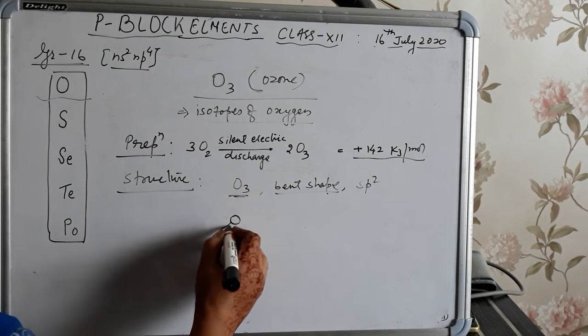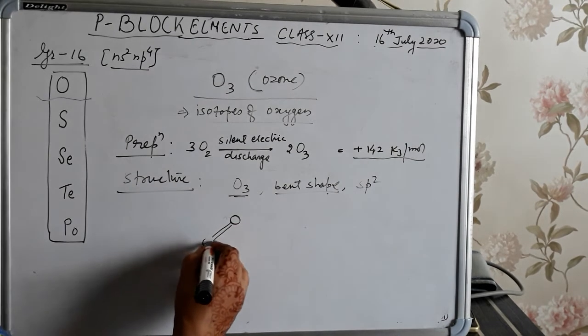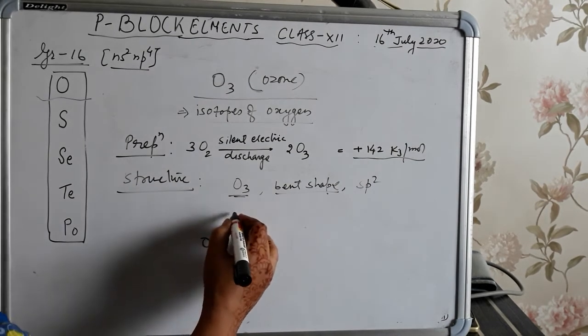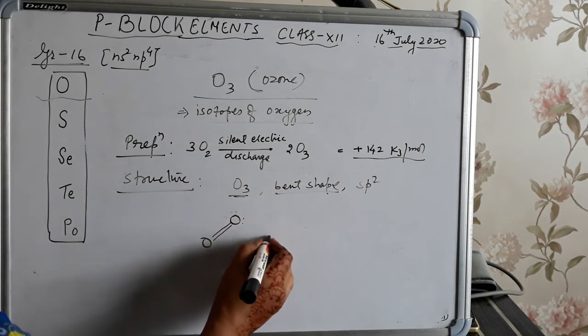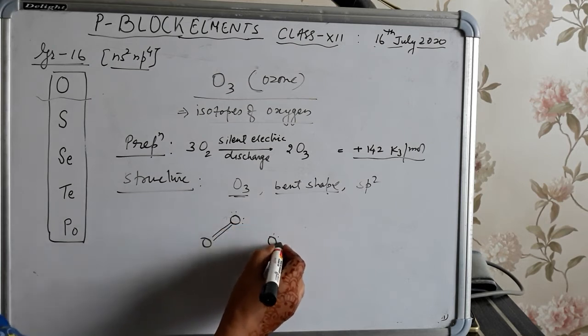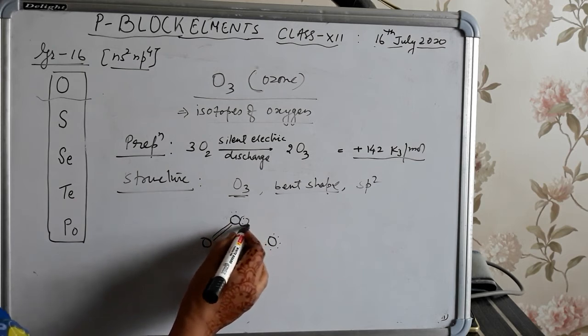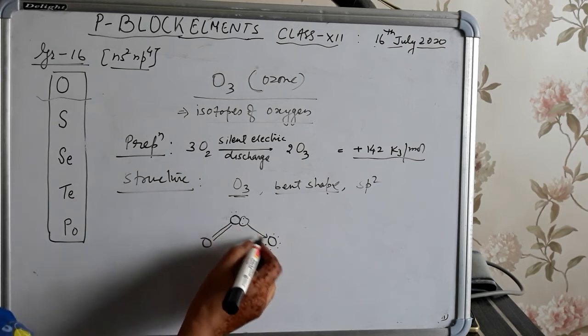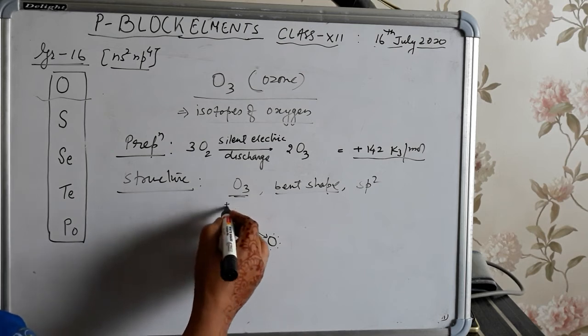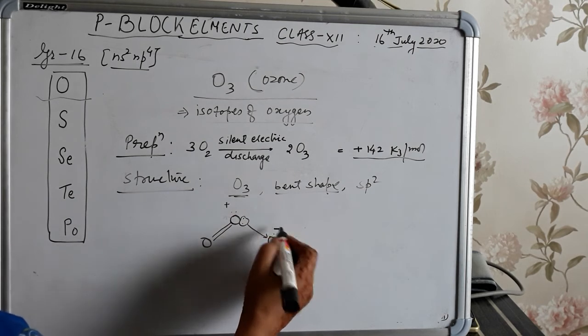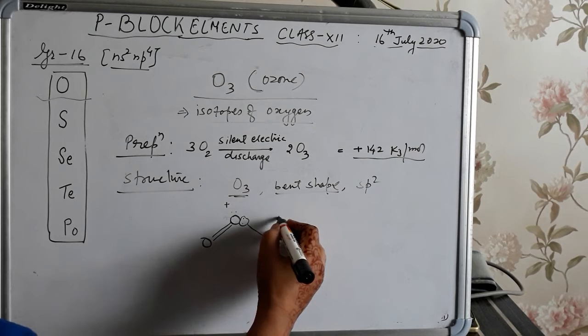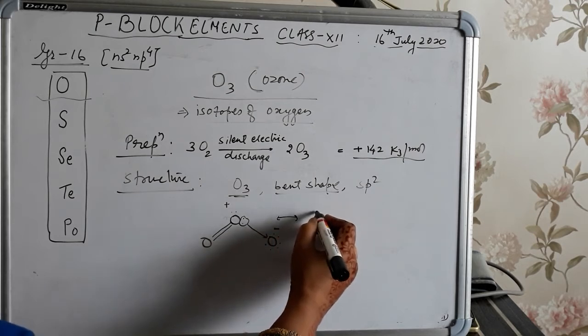Suppose this oxygen forms a double bond with this oxygen and it has 2 lone pairs, and this oxygen has 6 electrons. This oxygen makes a coordinate bond with this oxygen, so it acquires a positive charge and this one acquires a negative charge. So resonance takes place.